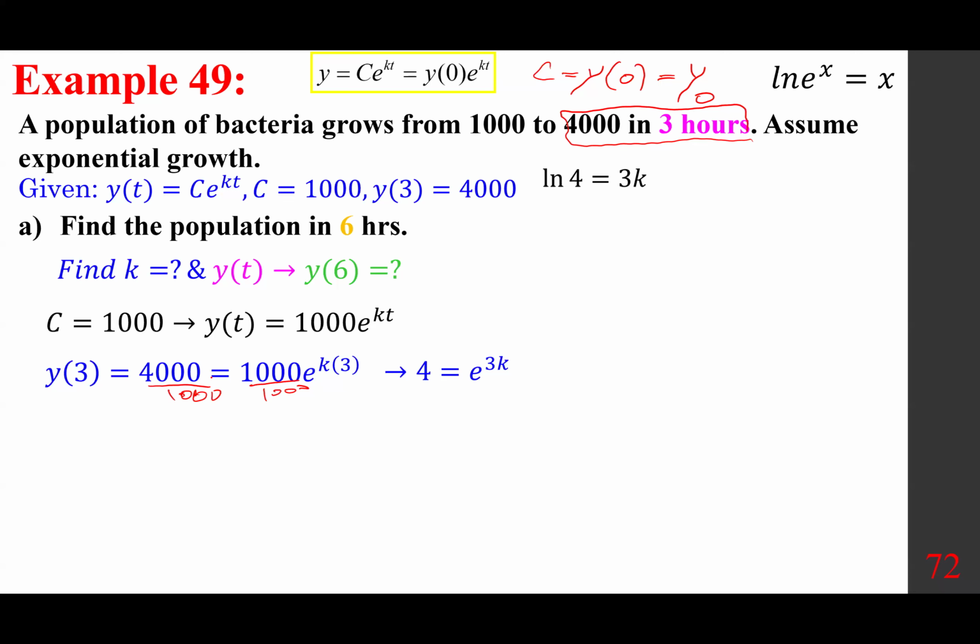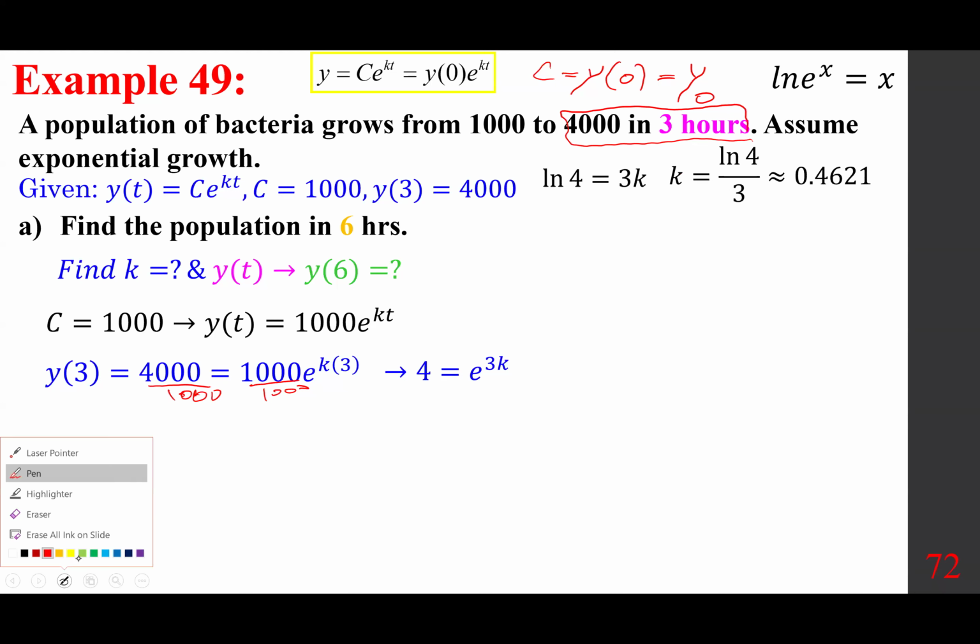So k is ln of 4 divided by 3, because we divide both sides by 3.